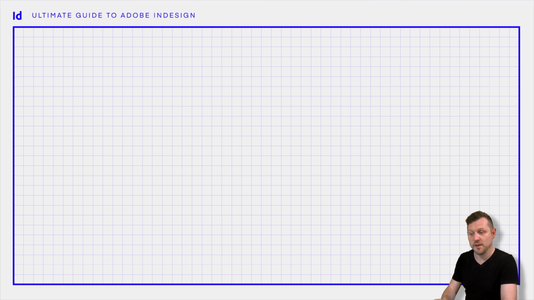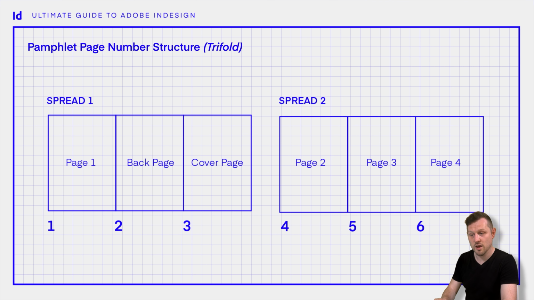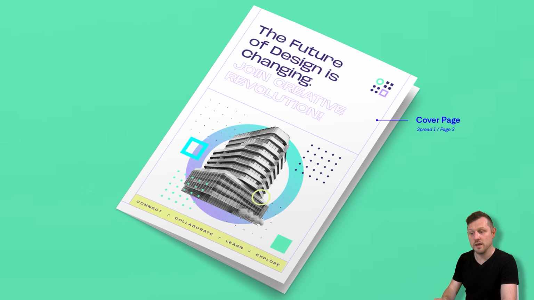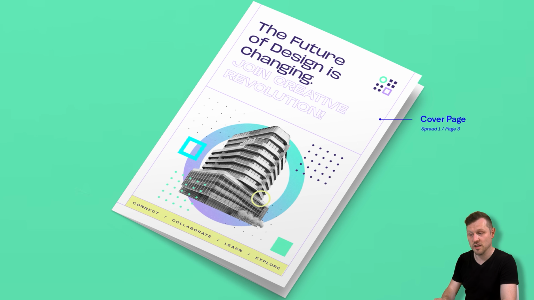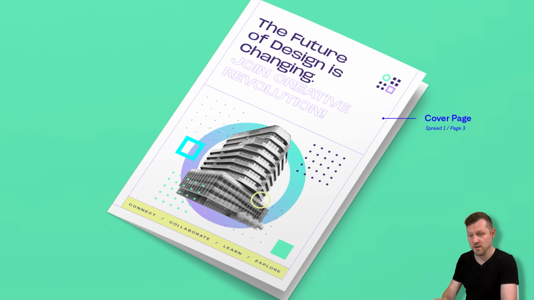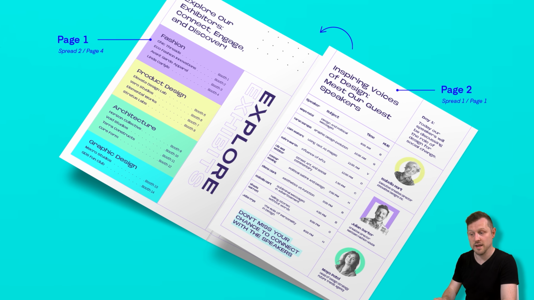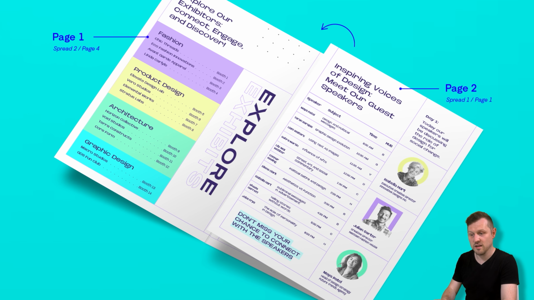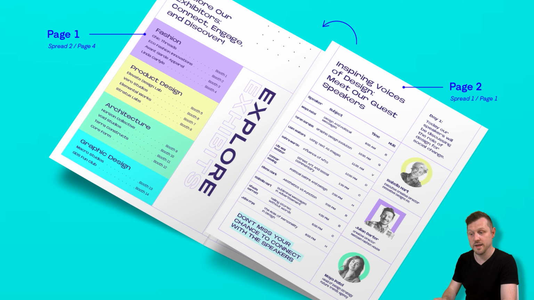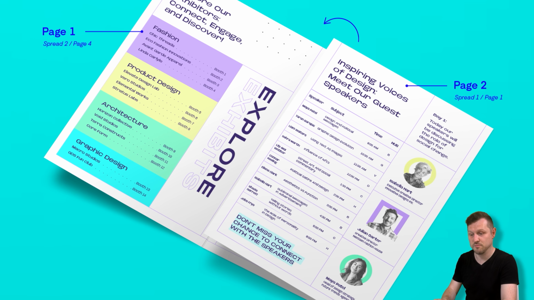If we quickly look at the numbering of the pages in theory, we can see it initially looks odd, however it makes sense when folded. When the pamphlet is presented, it will be the front page that will be seen first, the third page on the first spread. When the first page opens, it will reveal the next page, the first page on the second spread. Then the eye will move across to see the next page, the first page on the first spread.